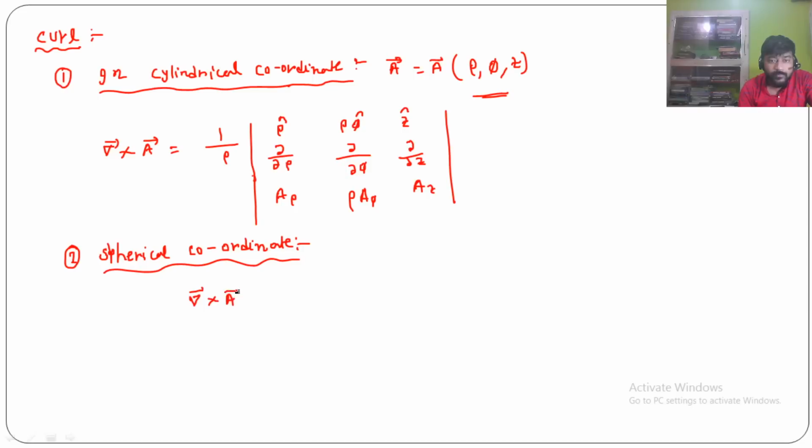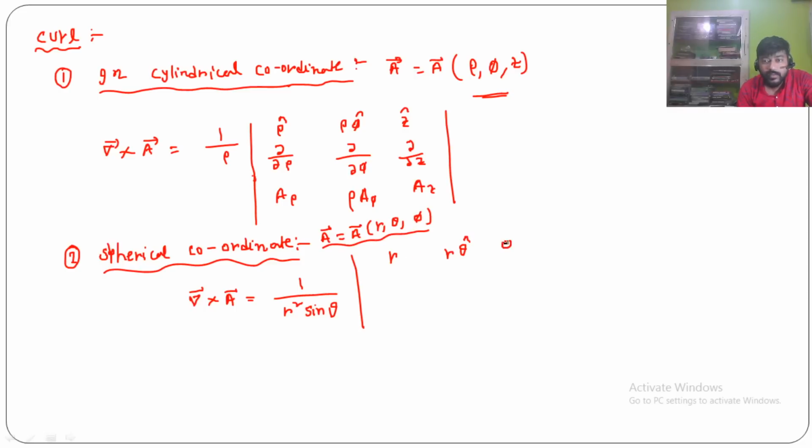Curl A will be 1 upon r square sin theta outside, and here I have taken r, theta and phi. A is a function of r, theta and phi. So it will be r cap, then r theta cap, then r sin theta phi cap, r sin theta phi cap, not r square.